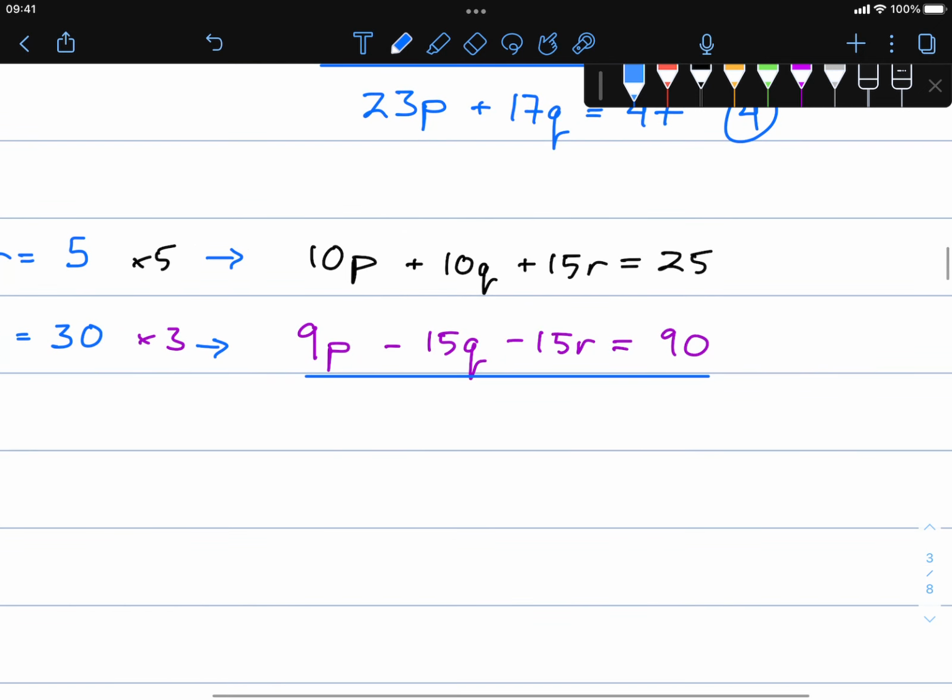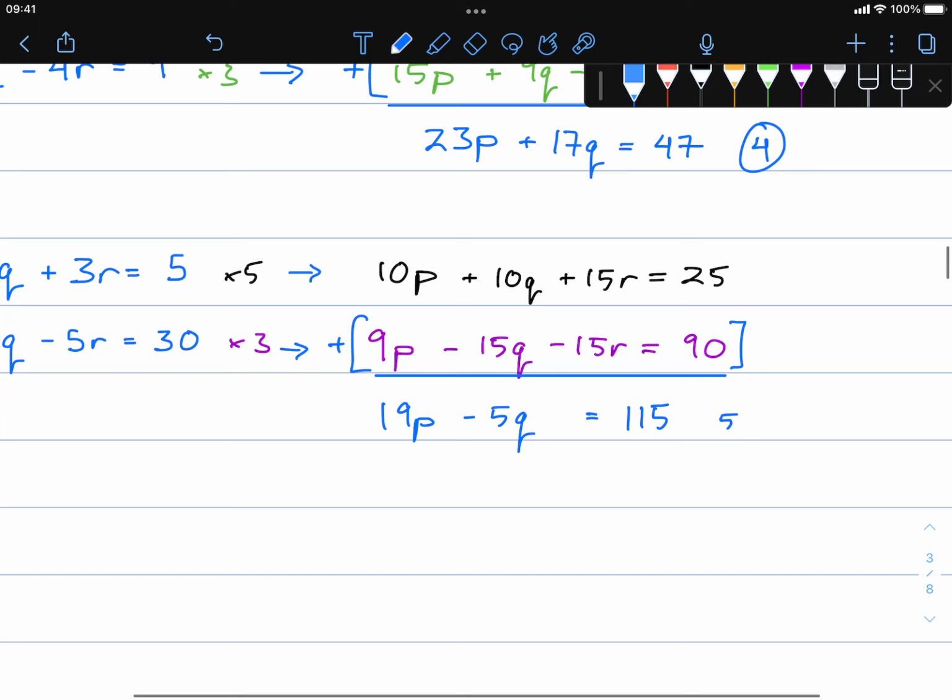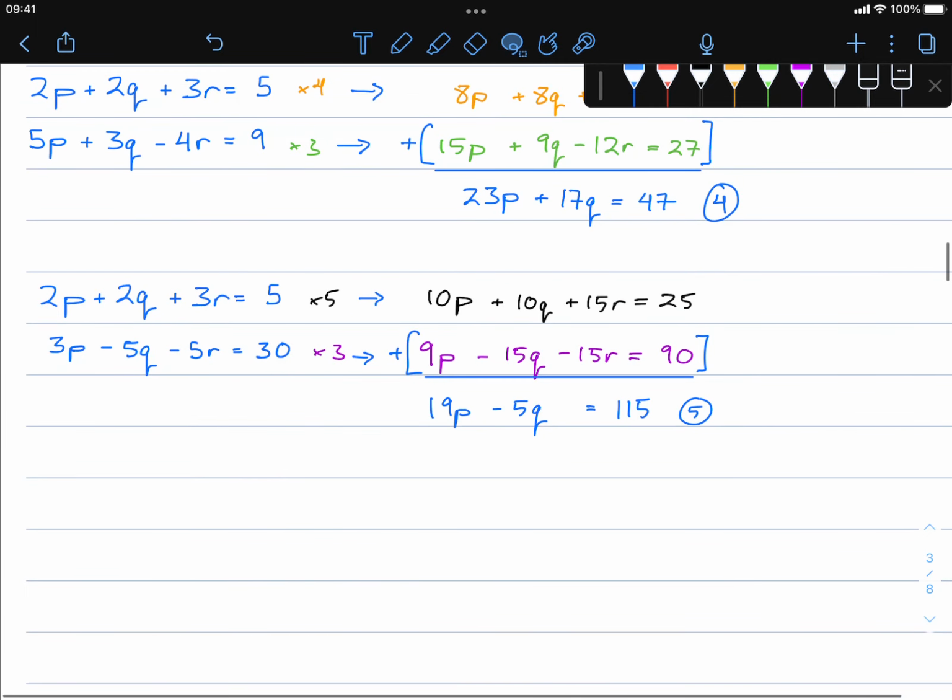Good. For this, I'm going to add them to eliminate r. So it becomes 19p minus 5q, 0r equals 115. Let's label this equation number 5.